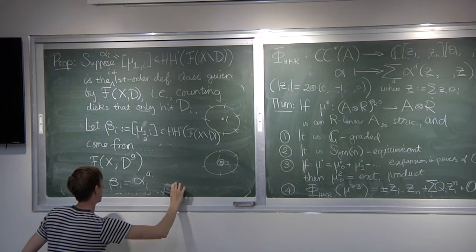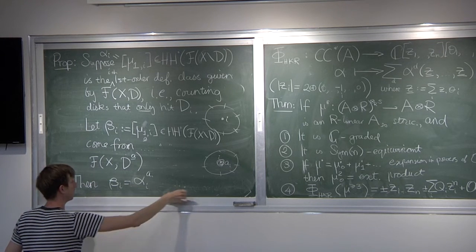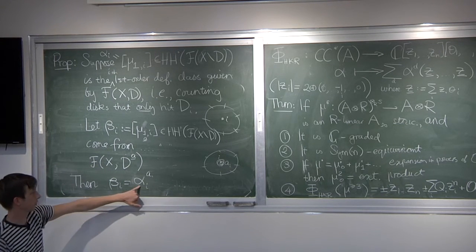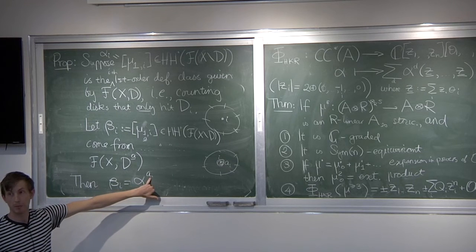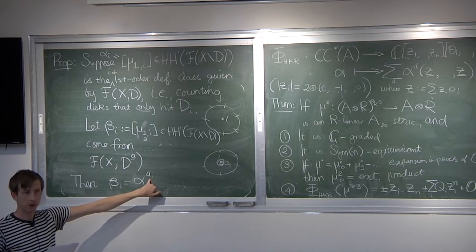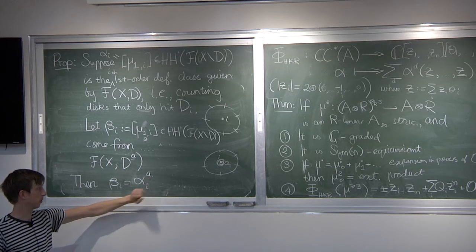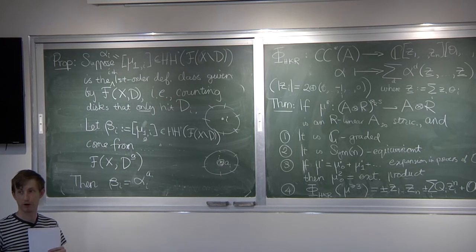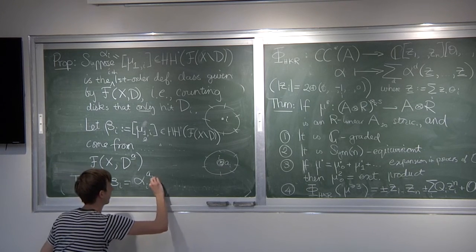Then beta I is equal to alpha I to the power ai, where power means multiplication with respect to the cup product in Hochschild cohomology.